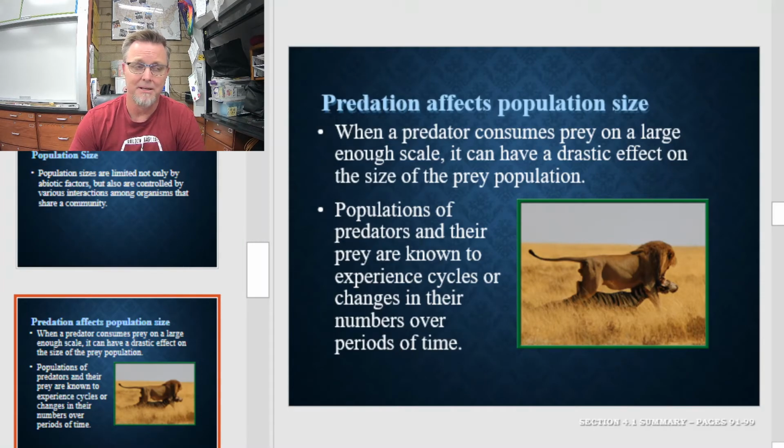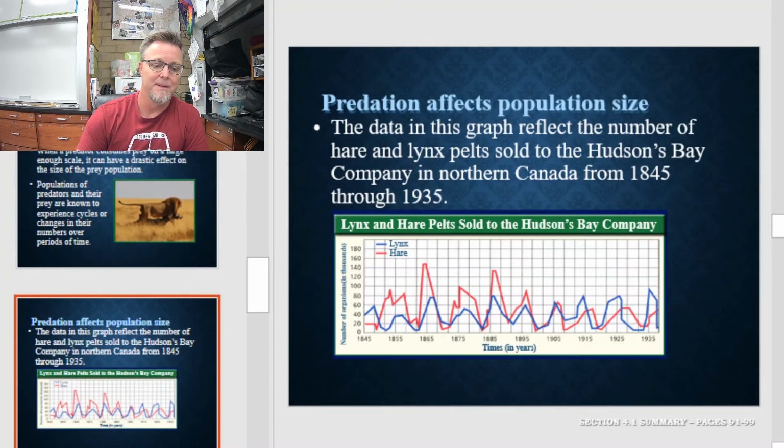Think of it this way. If the prey population is high, the predator population will grow to meet it. As the predator population gets really big and they feast on prey, the prey population falls and the predator population will follow that too. Here's a classic example. This is a classic example that's in every book I've ever read that talks about this stuff. Looking at the Canadian lynx and the snowshoe hare.